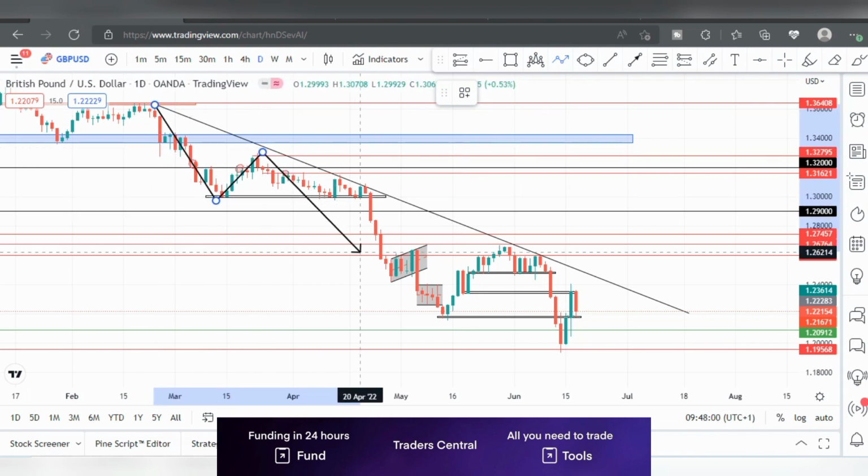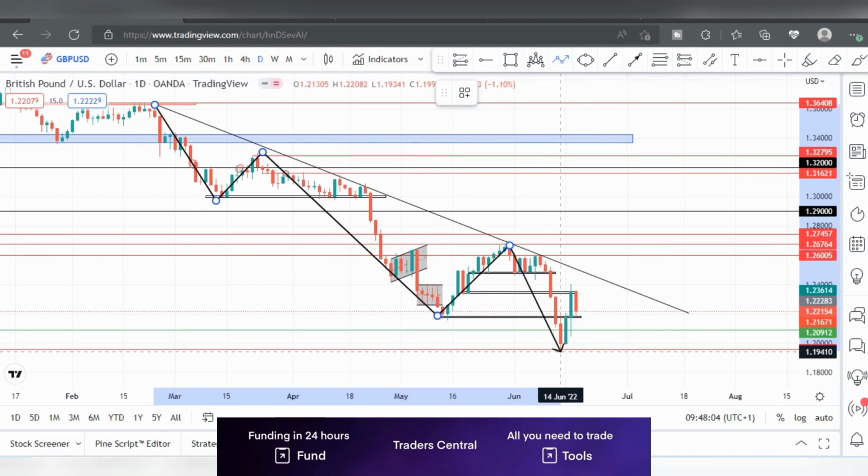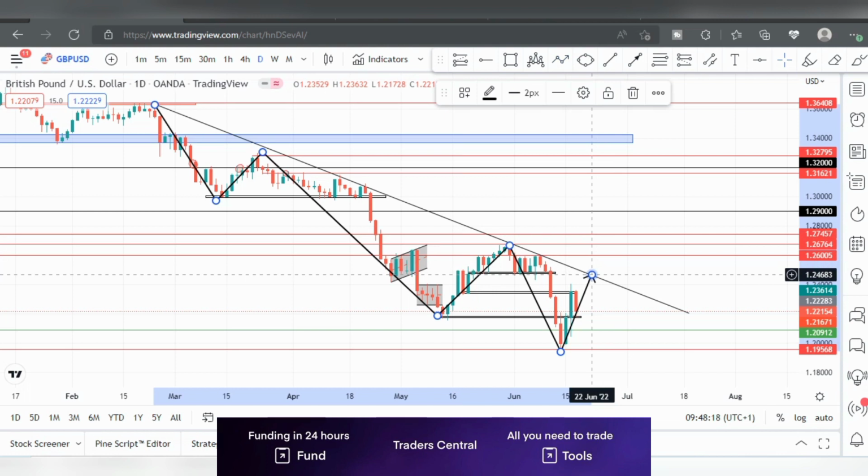Price forming lower lows and lower highs, right? And now with this lower low, we're expecting price to get towards the trend line and then see how price reacts to this trend, whether it breaks it and continues to the top or whether it bounces to the downside, forming a lower high. So that's what we're seeing on the daily time frame.